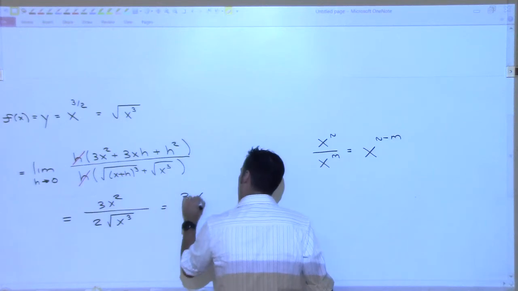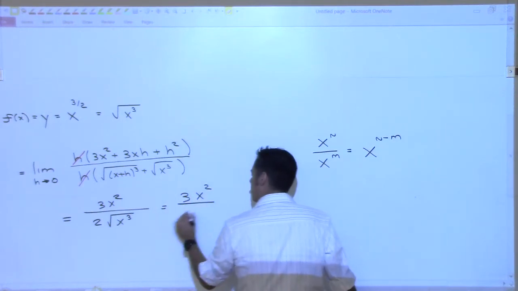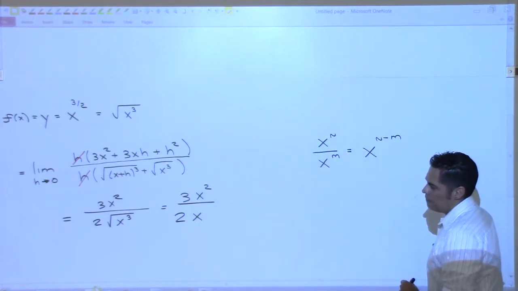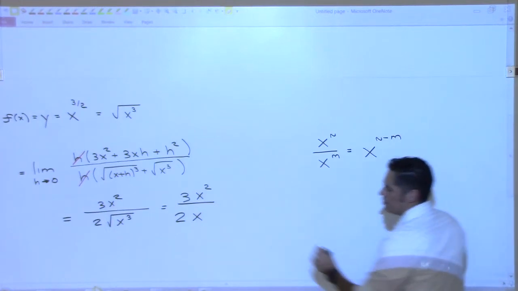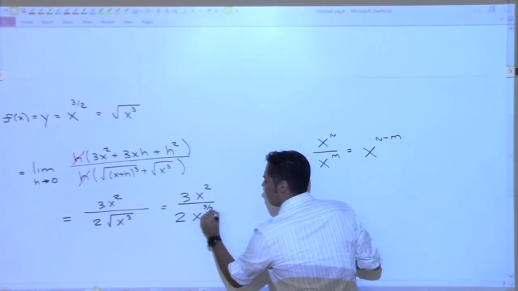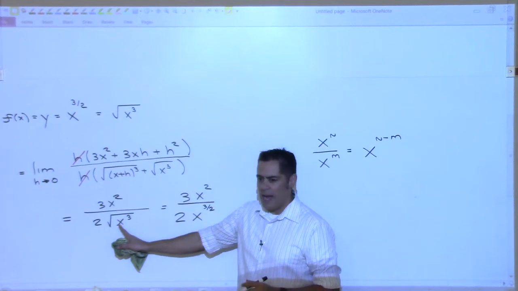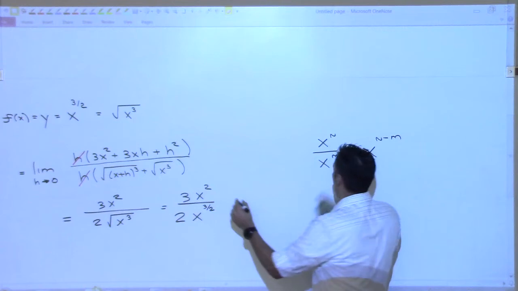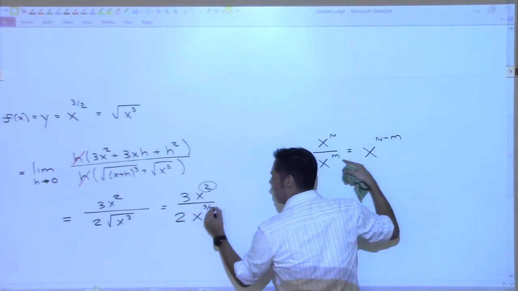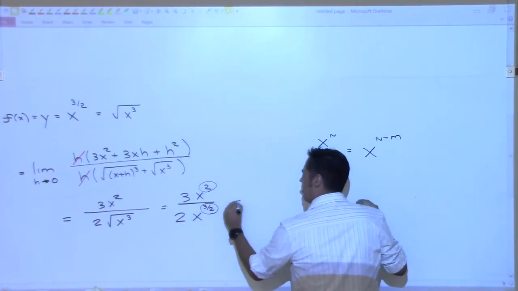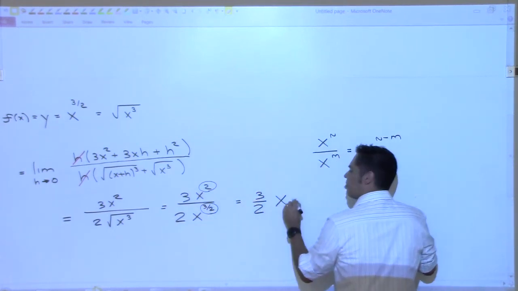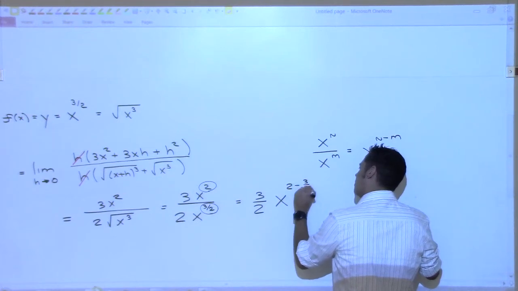This is 3x squared over 2x to what power? Is it 2/3 or 3 over 2? It's 3 over 2. Right, so I'm just taking this expression back to rational exponents. So it's this. And now I have a power on top, power on the bottom. And so my answer is this fraction, 3 over 2, and then x raised to the 2 minus 3 halves.